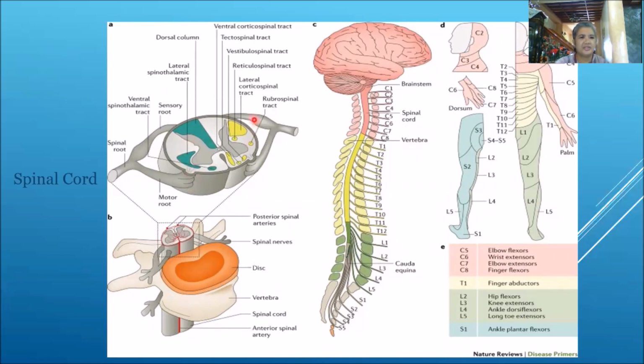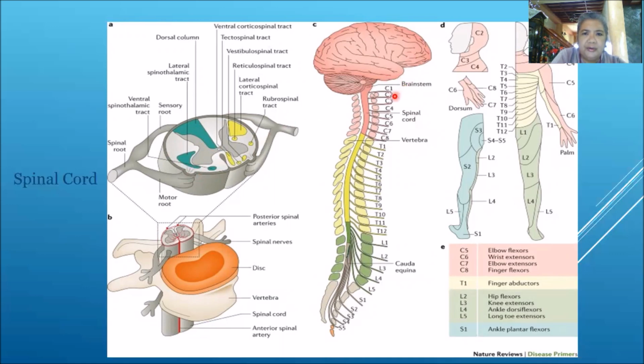This is a cross-section of the spinal cord in which you will find the H-shaped gray matter, and outside of it is the white matter. So the H-shaped gray matter is made up of cell body, while outside of the H-shape is the white matter, which is made up of nerve fibers.